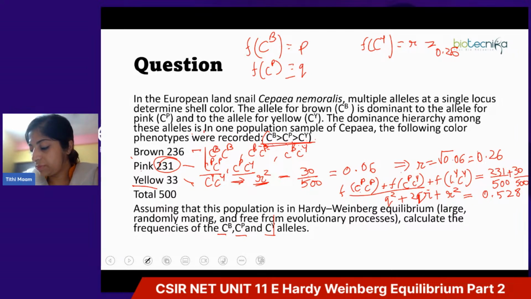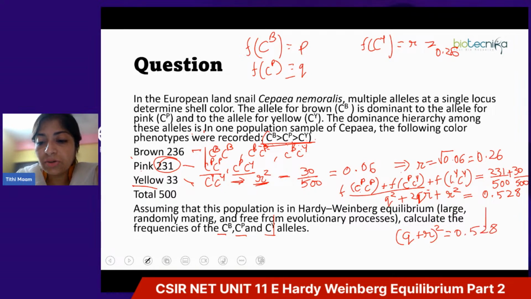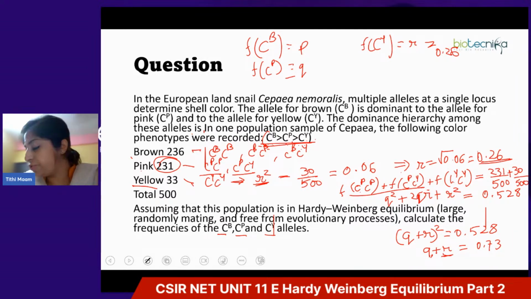Okay. And on the other side, what is this? This is Q plus R whole square is equal to 0.528. So what will be Q plus R? Square root of that. So Q plus R will be equal to 0.73. And when you substitute the value of R, which we know is 0.26, you will get Q's value, which will be equal to 0.47.